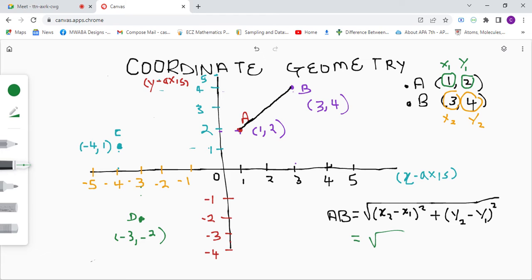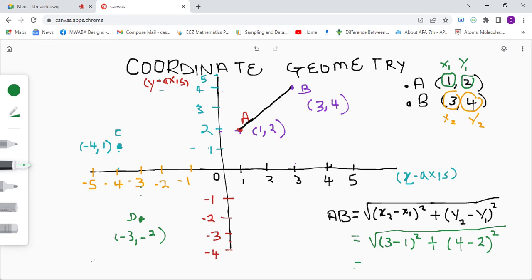So if we follow this formula, we're going to get the square root of our x2, which is 3, minus our x1, which is 1, squared, plus our y2, which is 4, minus our y1, which is 2, squared.